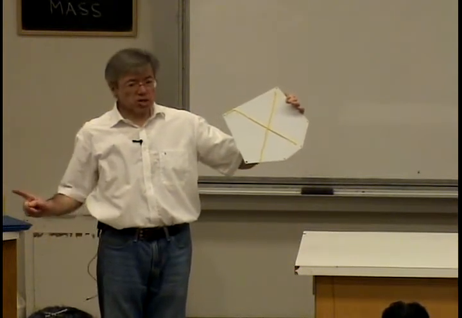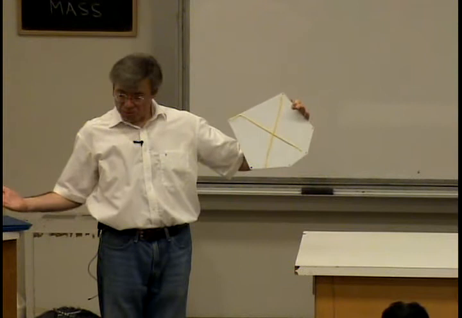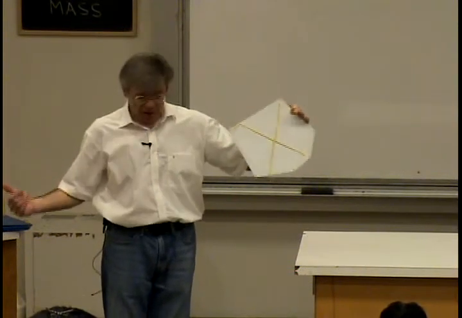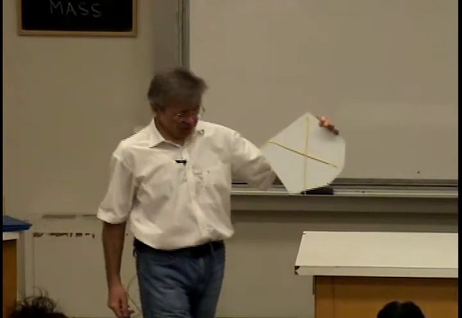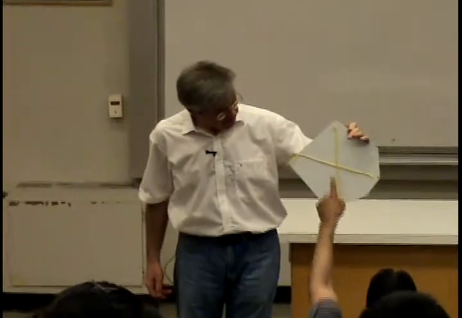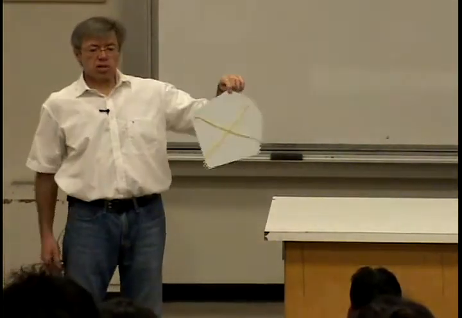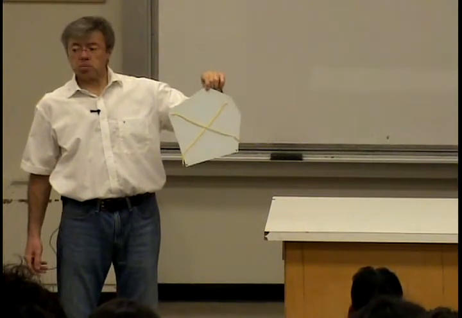But where is it? There's only one possibility that satisfies both conditions, where it's on the first and on the second plumb line at the same time. Which one is it? You point at it. Right here at the intersection. Now let's see whether that is true. I'll suspend one more time just to prove it.